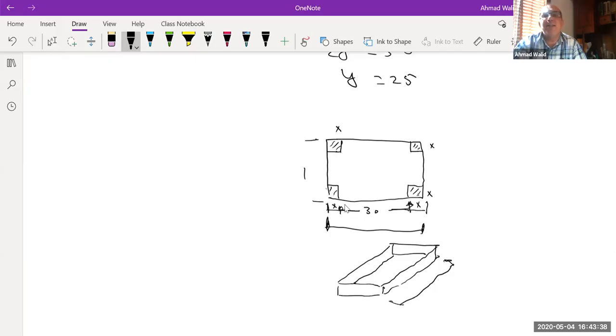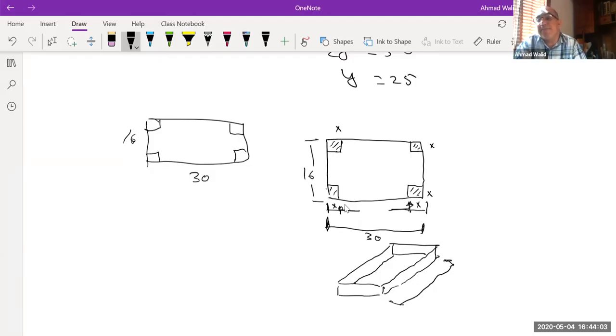This total is 16, and this total is 30. It means you have a cardboard 16 by 30. How much should you cut, how much should each cut be, to get the maximum value?